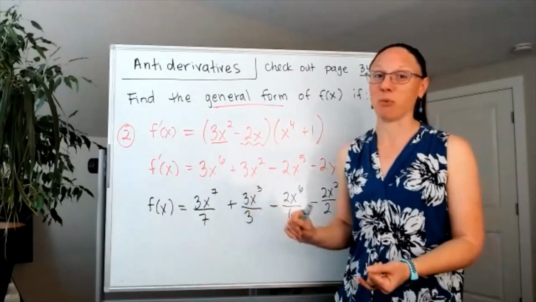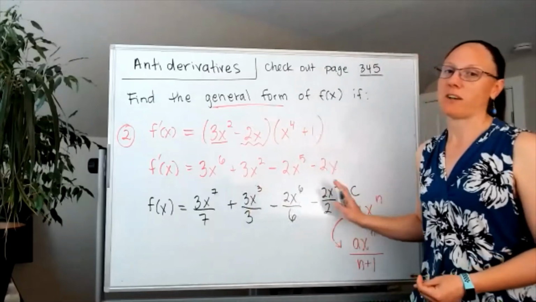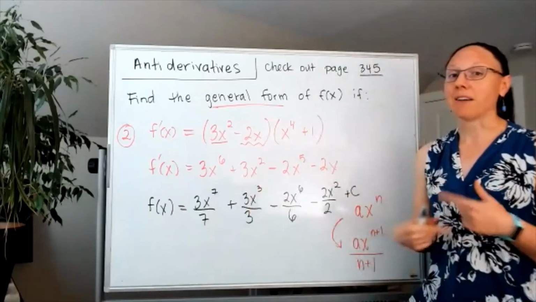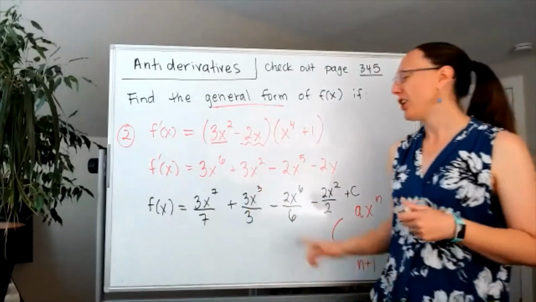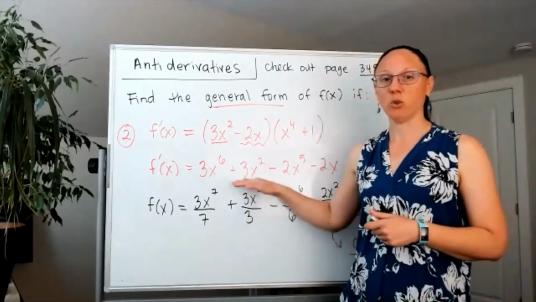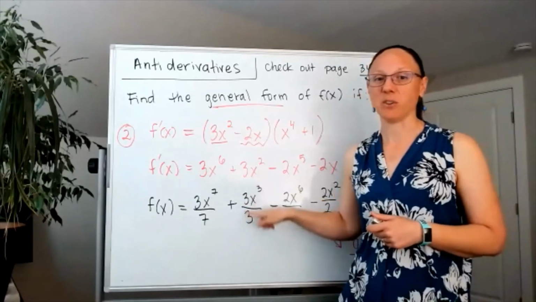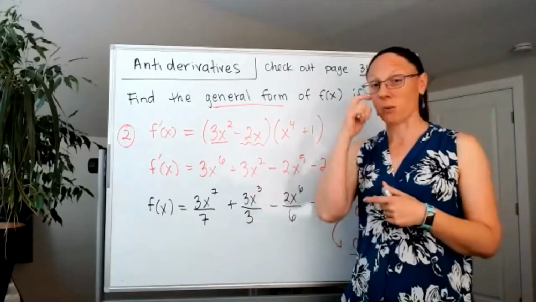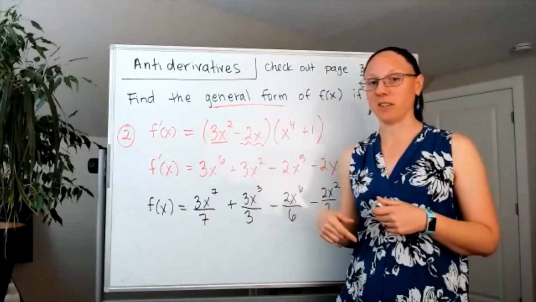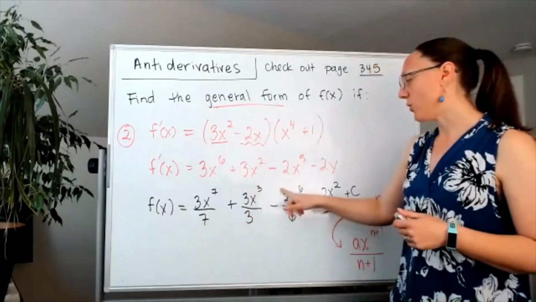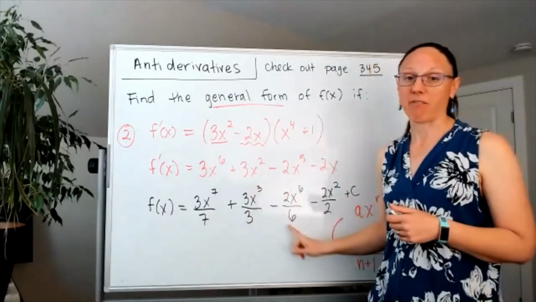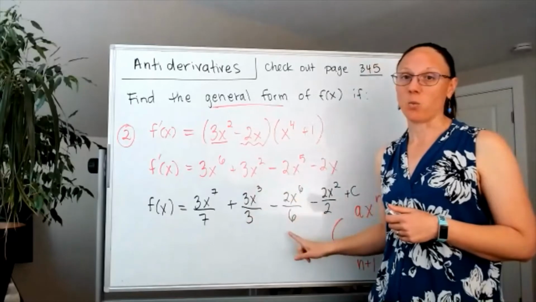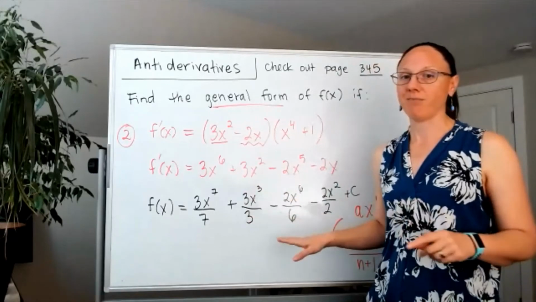I'm definitely going to simplify this term. Same with the 2x squared over 2. And once you have some practice with antiderivatives, you probably wouldn't even write this. You'd look at the 3x squared and deal with the 3 in your head. Totally fine to write it out, but after some practice, you'll probably find that you're not doing that. Now, the 2 over 6, we could definitely reduce that fraction and say that that's 1/3. Totally fine. Also fine to leave it alone.